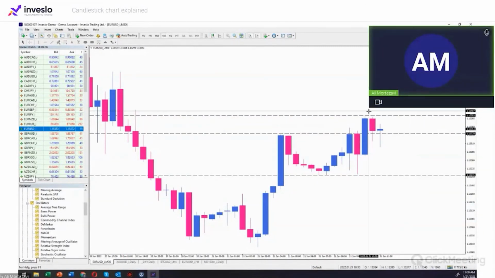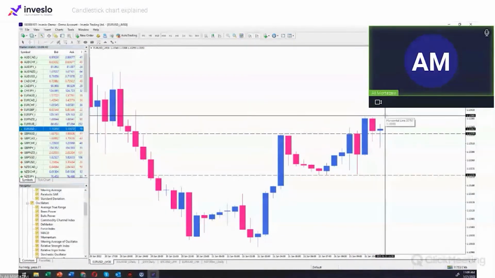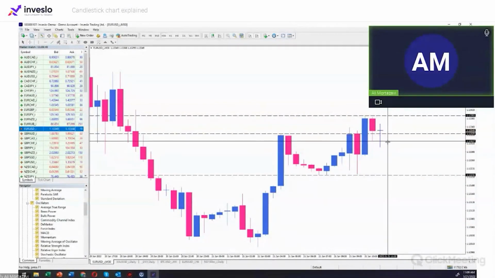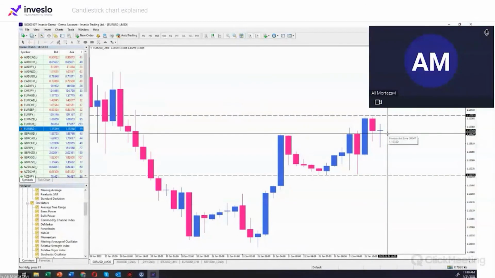Otherwise, if I see a clear break below this support level here, then I can put my stop loss at this high, and then I can take, let's say, the sell position, if I find a clear confirmation that evidences the breakout below this support level here. So this is, let's say, a very simple way to understand the market structure.